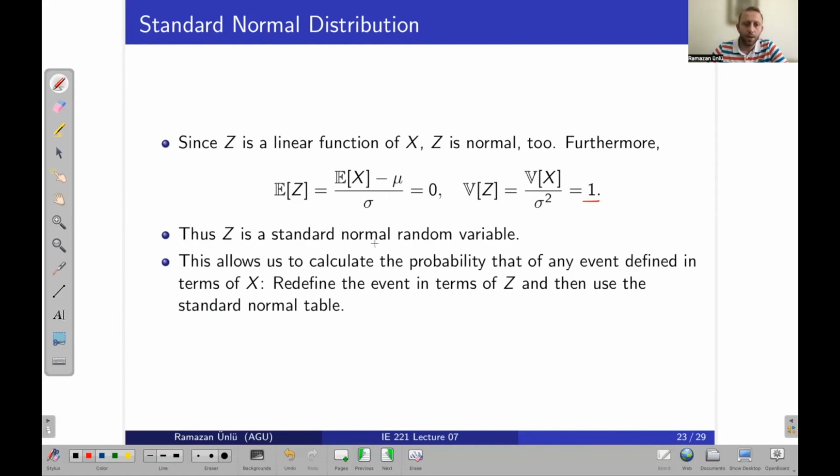As a result, Z is a standard normal random variable. This allows us to calculate the probability of any event defined in terms of X, whose parameters are not 0 and 1: we can redefine the event in terms of Z, and then use the standard normal table.